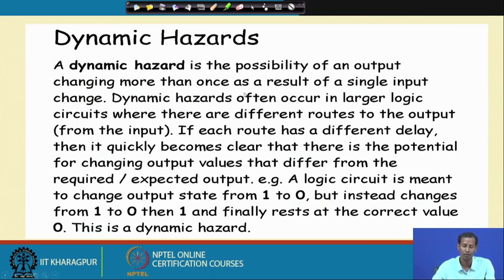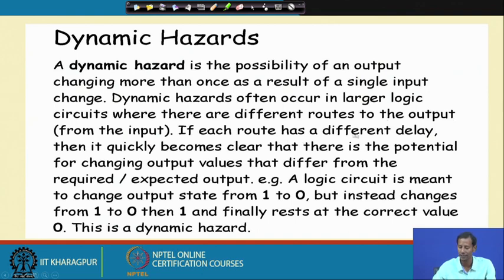Then dynamic hazard, what is dynamic hazard? Dynamic hazard is the possibility of an output changing more than once as a result of a single input change. Dynamic hazards often occur in larger circuits where there are different routes to the outputs.